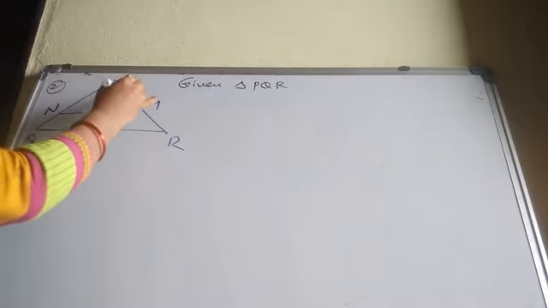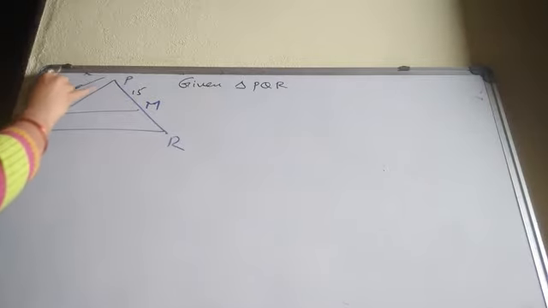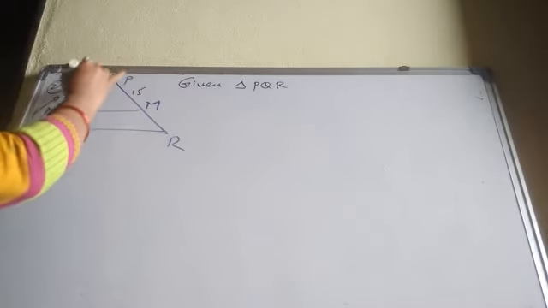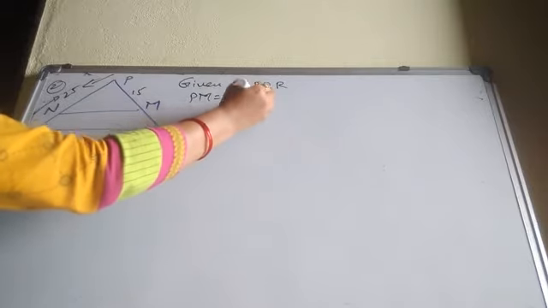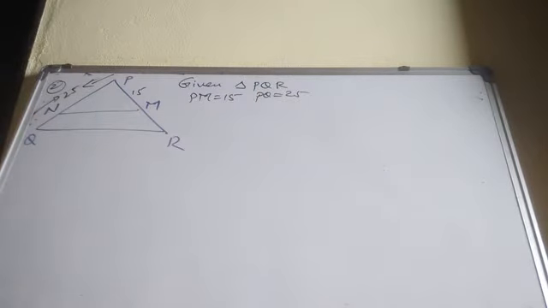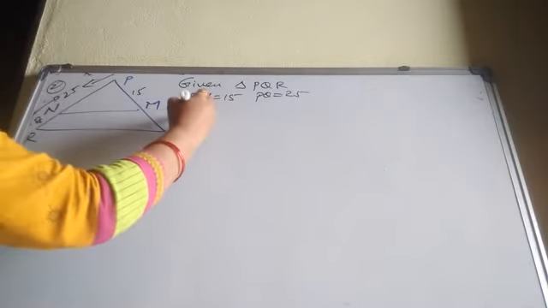PM equal to 15, total PQ equal to 25. NR, here it is R, here it is Q, NR equal to 8.